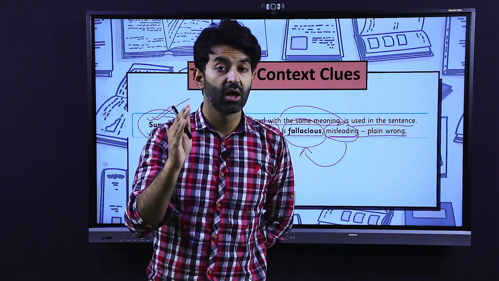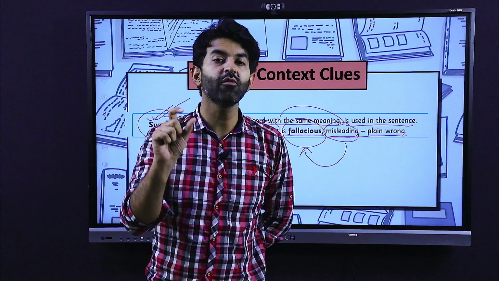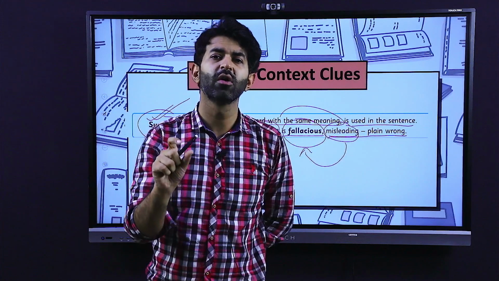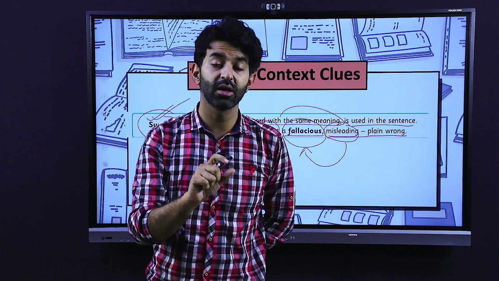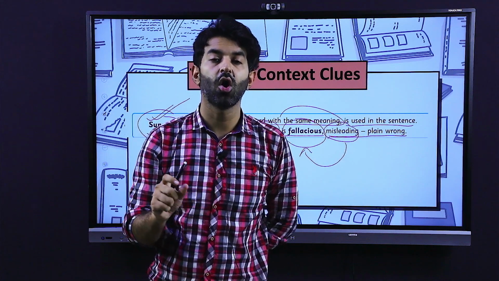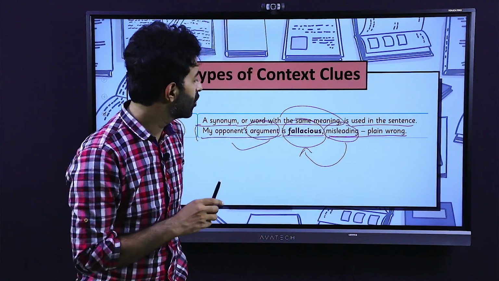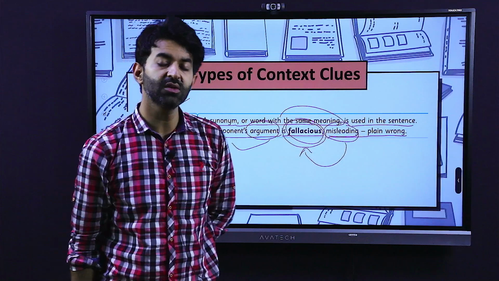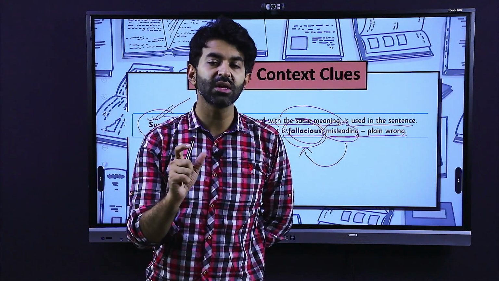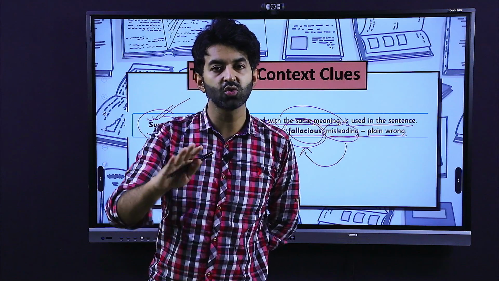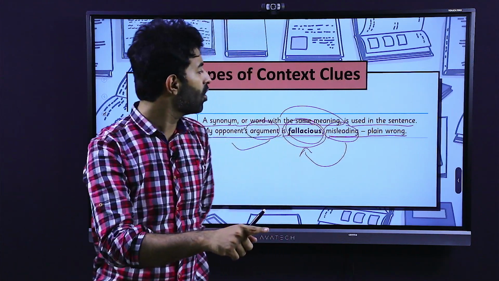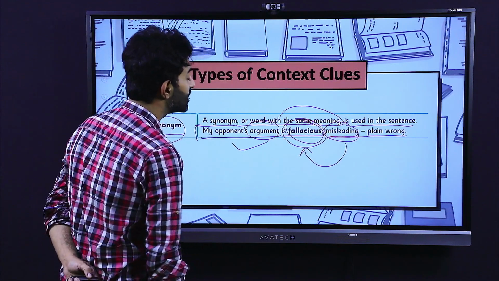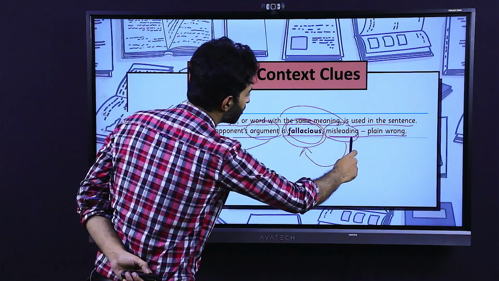The arguments are full of misleading statements, full of incorrect statements, fallacies or ambiguities or problems. So now we know that the meaning of fallacious is something negative, something that leads you from the right direction to a wrong direction. That's how we reach the right meaning of the word fallacious using its synonym, misleading.